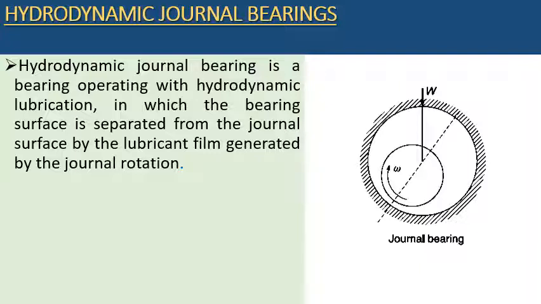When the lubricant moves into this narrow wedge shaped zone, it starts to lift the shaft or journal as the speed increases, and when the speed reaches the maximum, the journal will be completely lifted up, and there is no metal to metal contact.